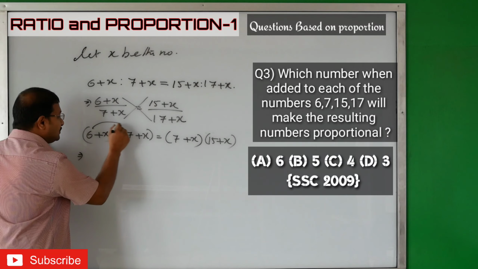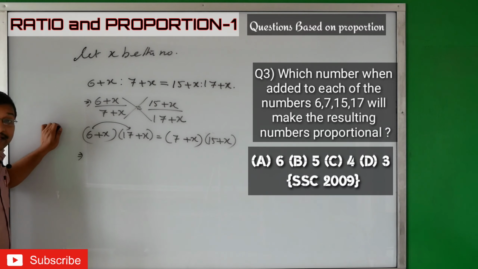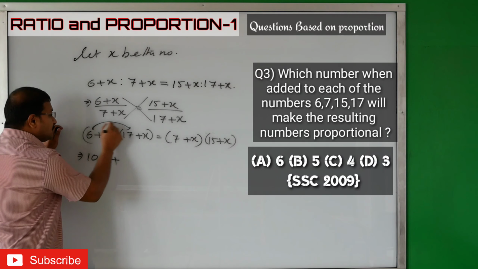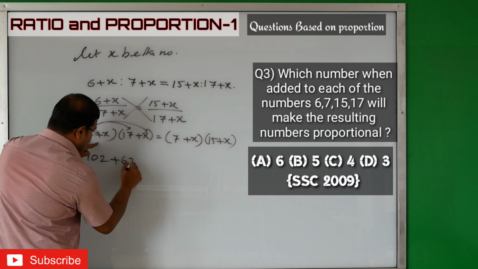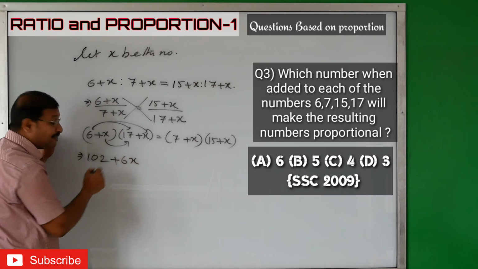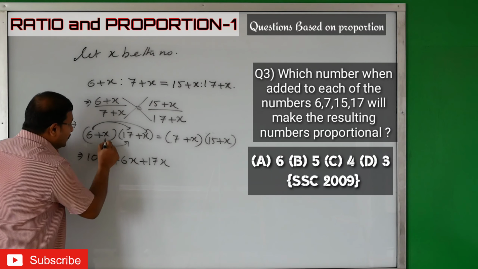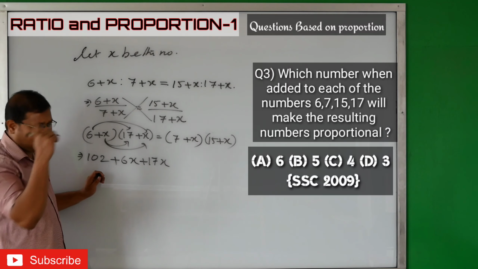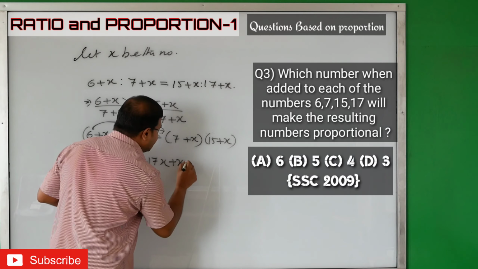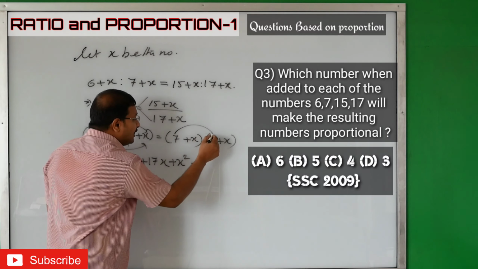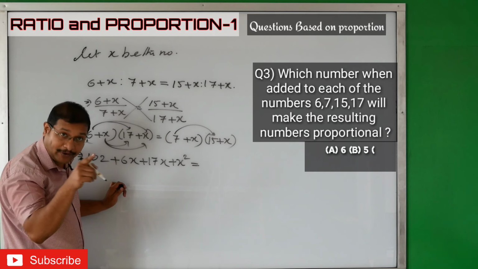Implies, we will open it. 6 into 17, 102 plus. Now 6 into x, 6x. X into 17, that is plus 17x, x into x, x square, equals 7 into 15, 105, isn't it?